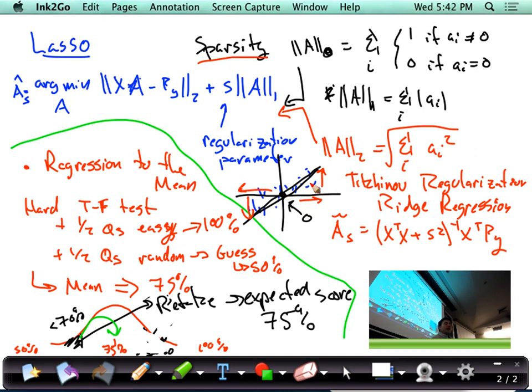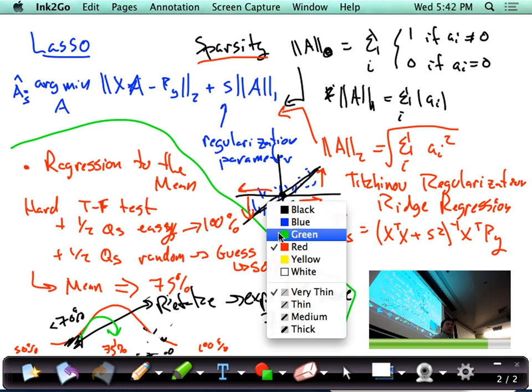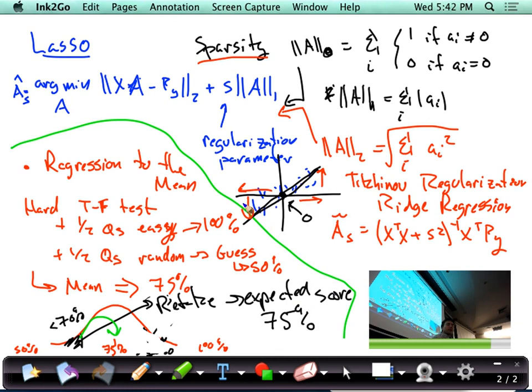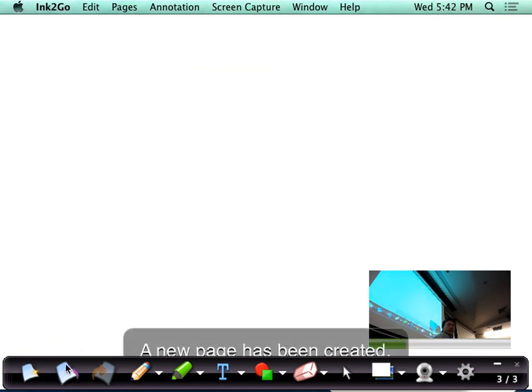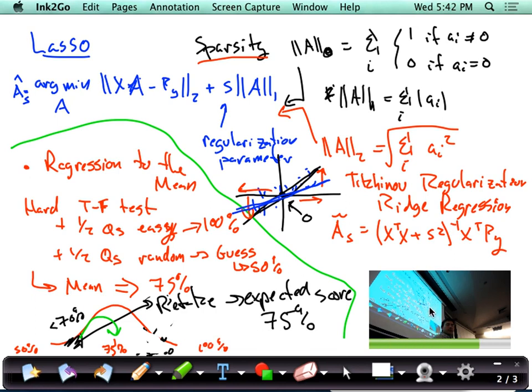So I want to bias every prediction I have towards 0, and that biasing of the prediction is going to make my slope smaller. If I predict closer to 0, then I want the slope to be smaller.